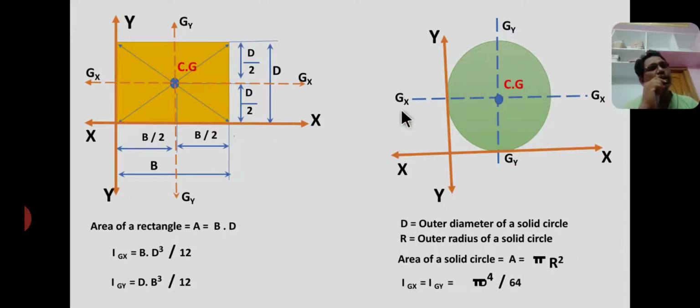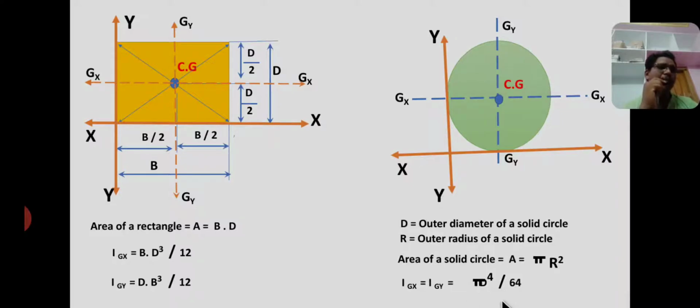Okay, here the given circle is symmetric about this horizontal and vertical axis. Therefore the area moment of inertia about these centroidal axes, both are the same, that is Igx equal to Igy, because the given section is symmetric about these two axes. Okay, therefore Igx equal to Igy equal to pi d power 4 by 64.